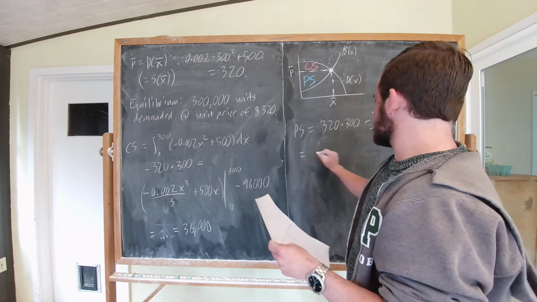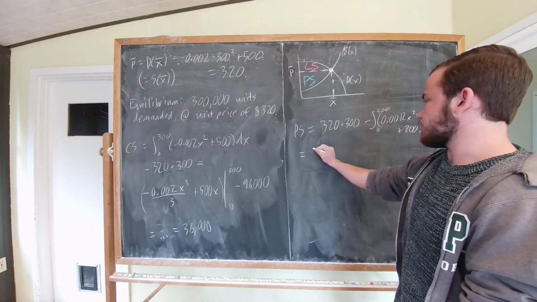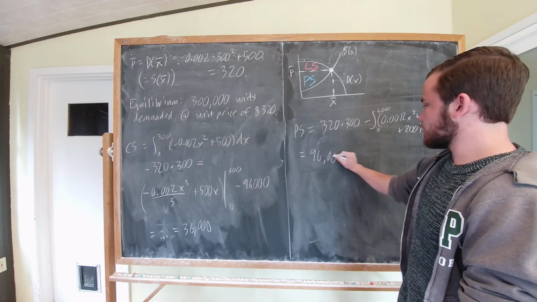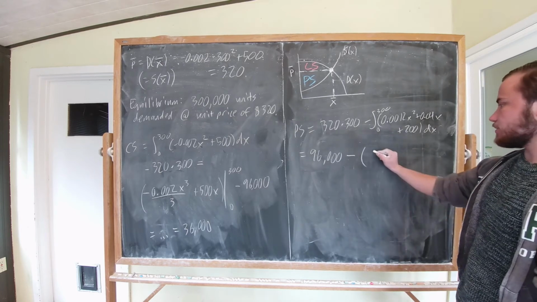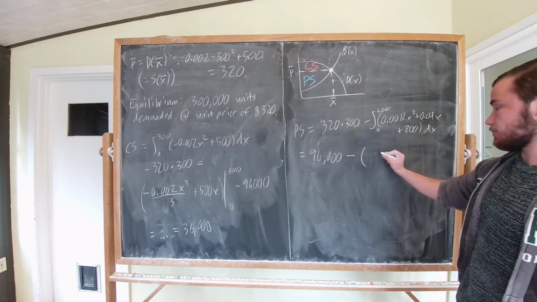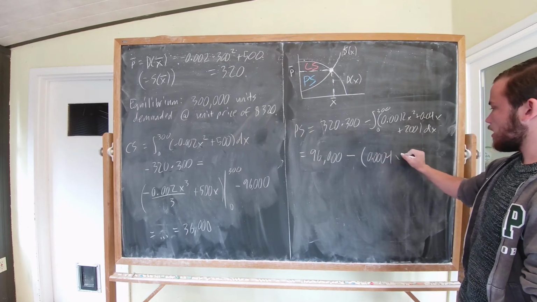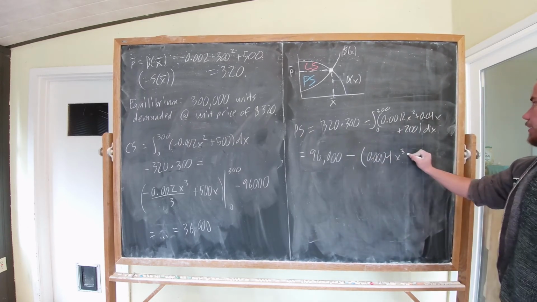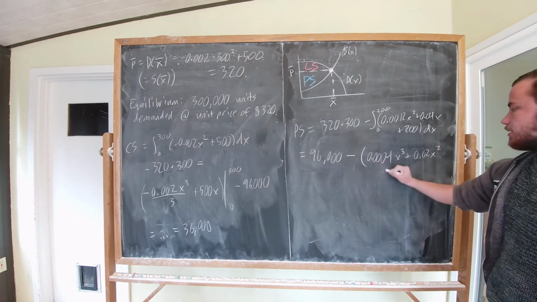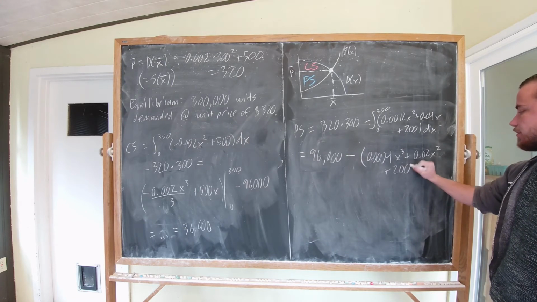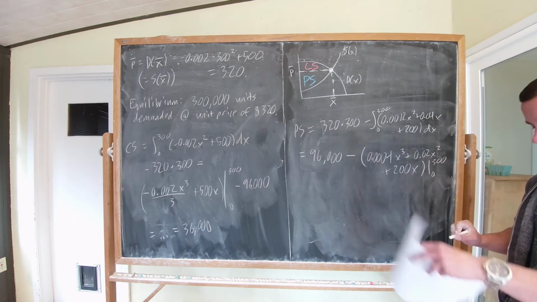Do the work out, you'll end up with 96,000 minus 0.0004x cubed plus 0.02x squared plus 200x, going from 0 to 300.